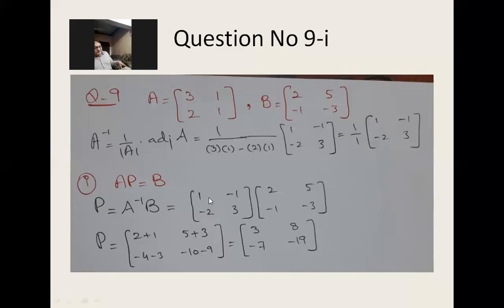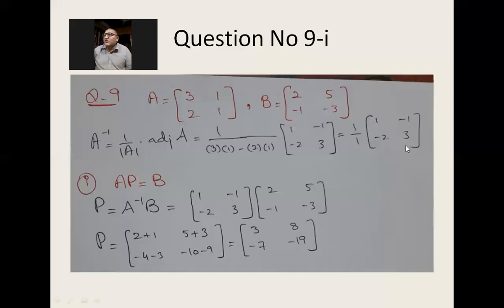So A inverse into B. I know the matrix that represents the A inverse, and that will be 1, minus 1, minus 2, 1, and minus 1, minus 2 and 3.